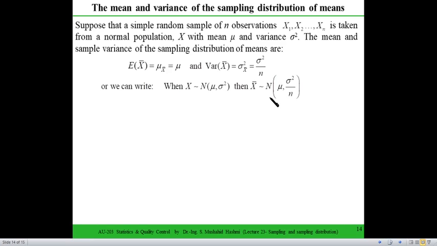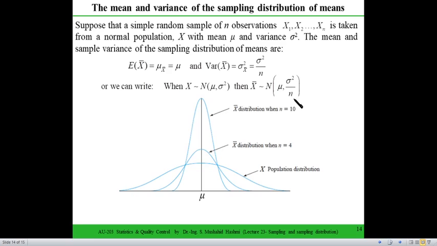Their distribution would have a mean value the same as the population mean, and the variance would be sigma square over n. So this is an important fact.